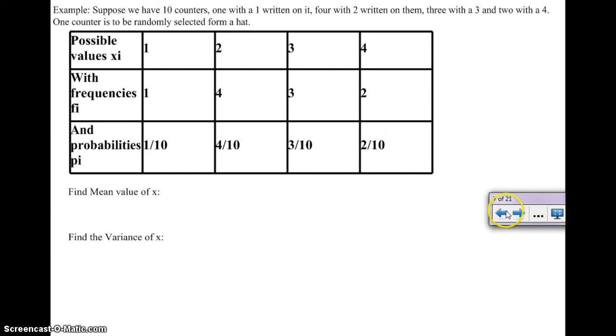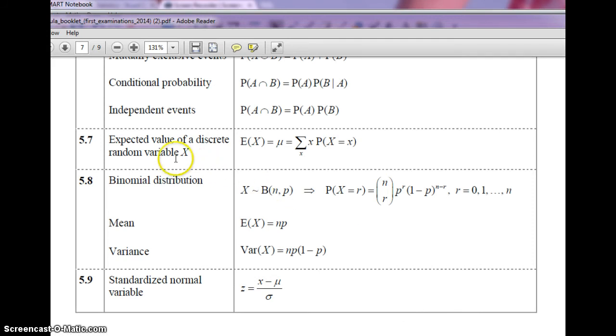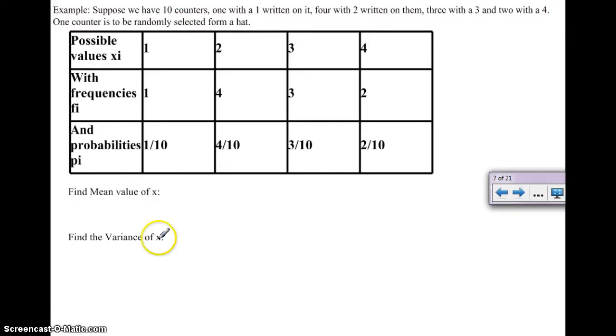So what's really happening here is if we take a look at your formula packet, to find the average when you have more than one, we're going to take the sum of your x's multiplied by the probability of that x. So when we come back to our data, we take the sum of our x values, our x sub i's, and multiply them by the probability of that happening.